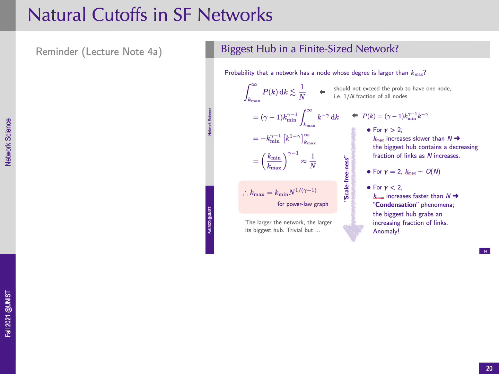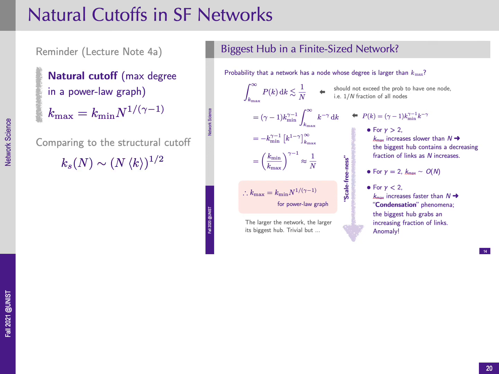Starting from this simple relation, you could come up with the relations between the maximum degree and minimum degree and the exponent of the power law degree distribution. All right? So if you apply the previous conclusion to this, then you can come up with the structural cutoff Ks, which is now related to the number of nodes and the average degree of the network.